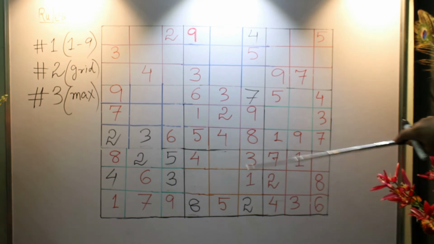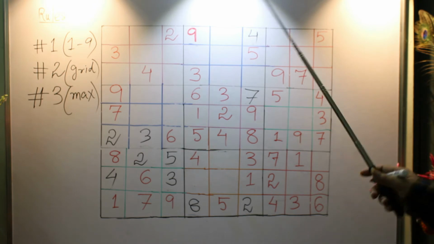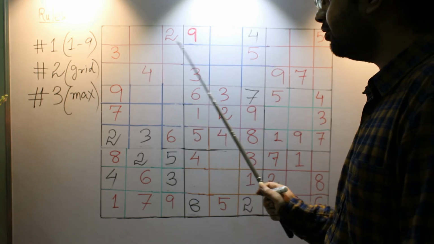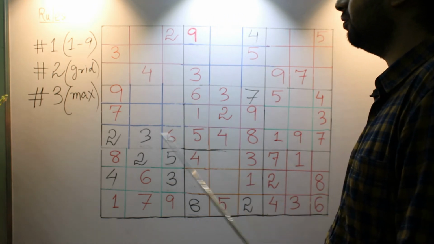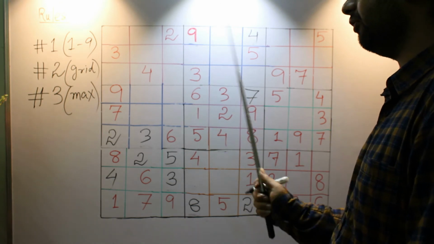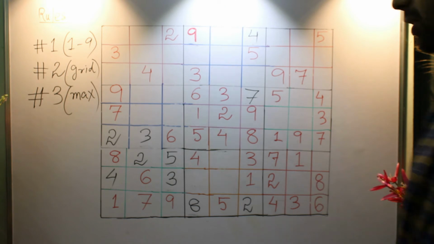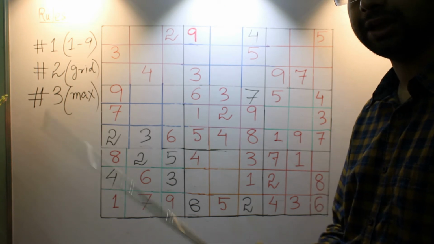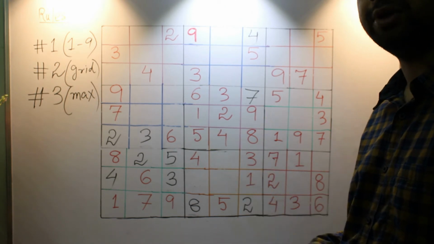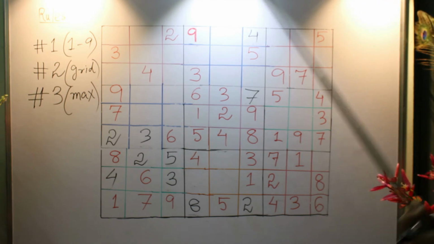Okay, look at this grid. You need not remember how to solve this puzzle because this is different for different Sudokus. The only thing is that you have to select random numbers and try to fit the numbers in these grids or rows or columns.